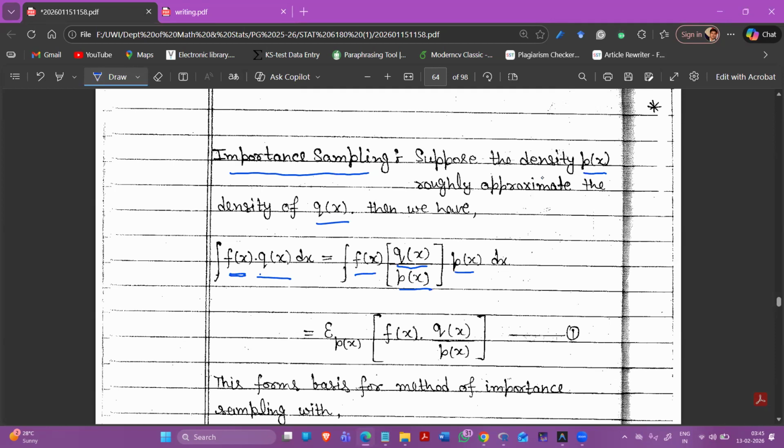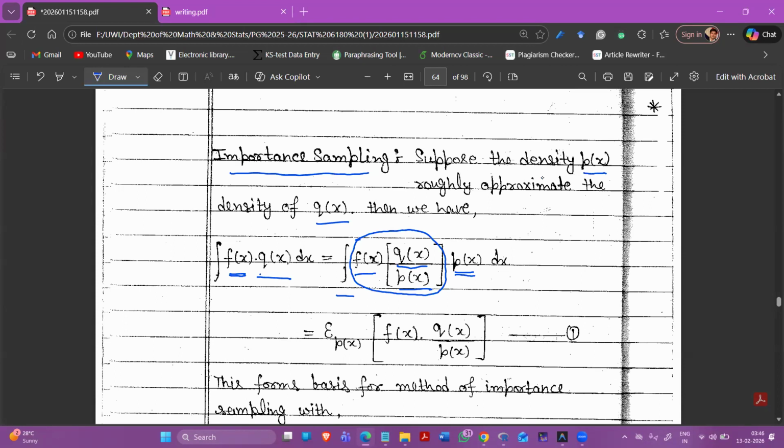So at that time what will happen? Now f(x) into q(x) divided by p(x) will behave like a function of x, and p(x) will be your density. And now when you integrate over the range of x, what will it be?